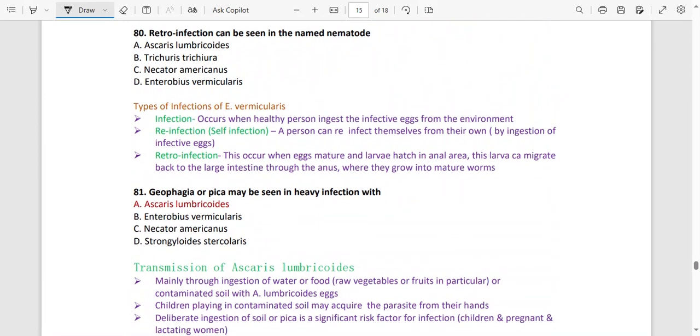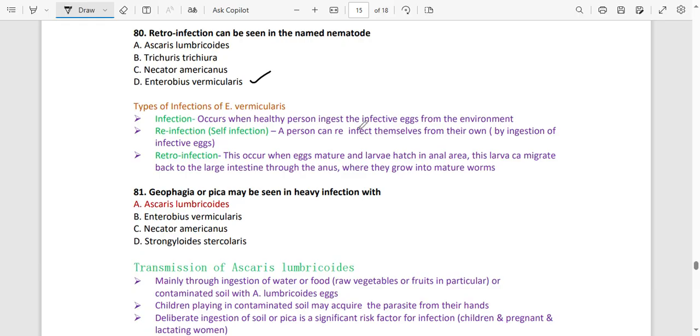Retroinfection can be seen in the named nematode, and I think we've been mentioning this for long now. Retroinfection is in Enterobius vermicularis. Enterobius vermicularis infections can be the actual infection, which occurs in a healthy person when they ingest infective eggs. There's also reinfection, which is self-infection.